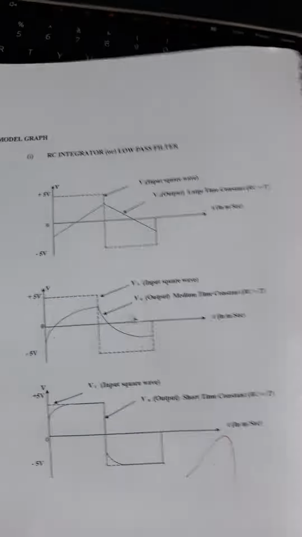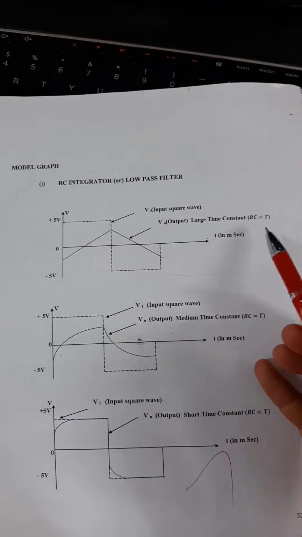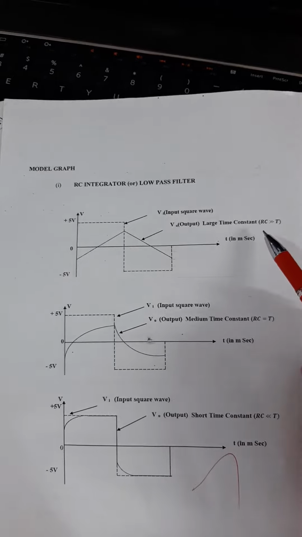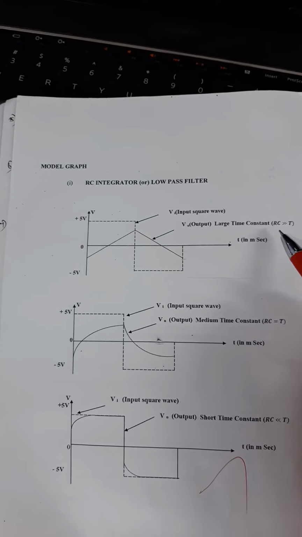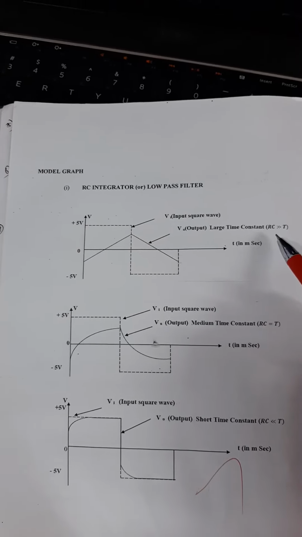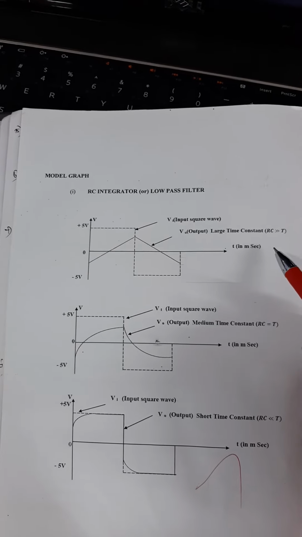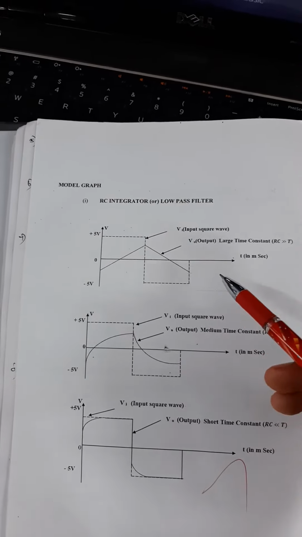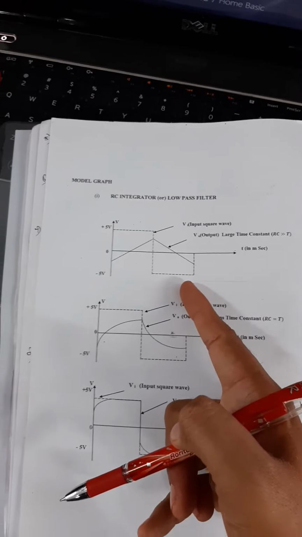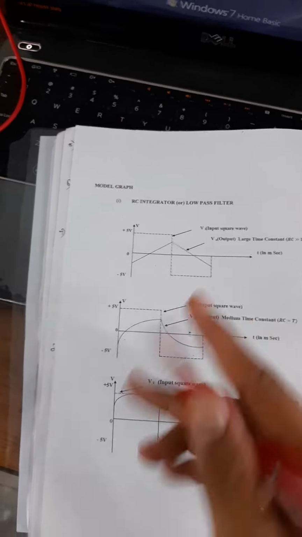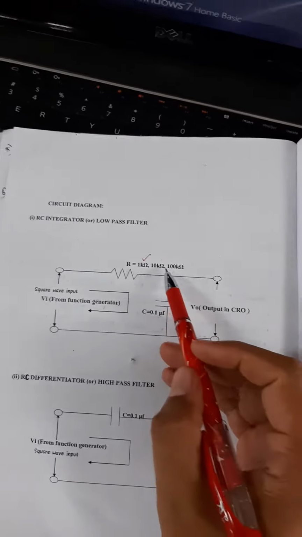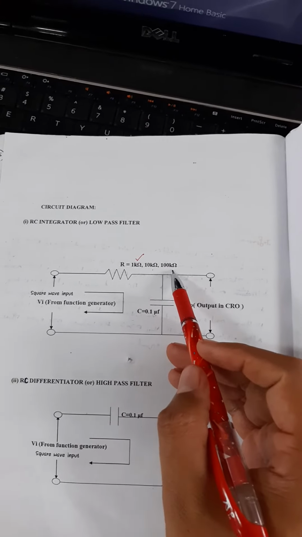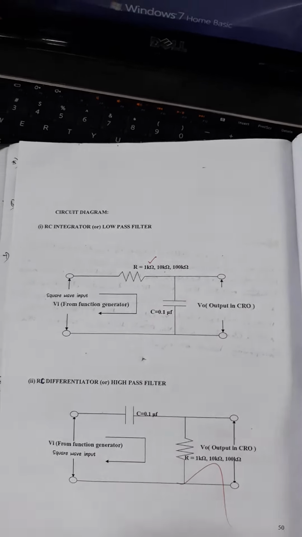Look at this. If I replace this, RC is nothing but the time constant. What is the value of R and C? That you have to choose. Capacitor is 0.1 microfarad fixed, but first case is 1 kilo ohm, second case is 10 kilo ohm, and the third image is with respect to 100 kilo ohm.